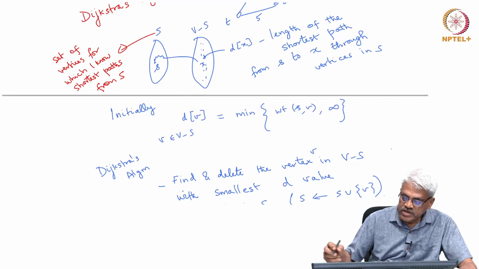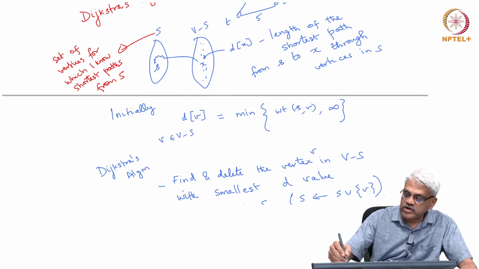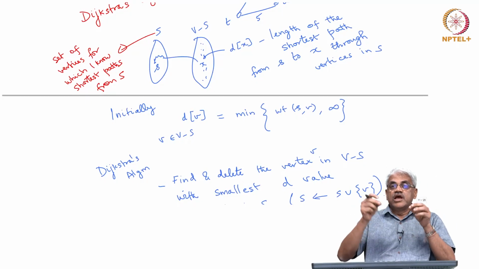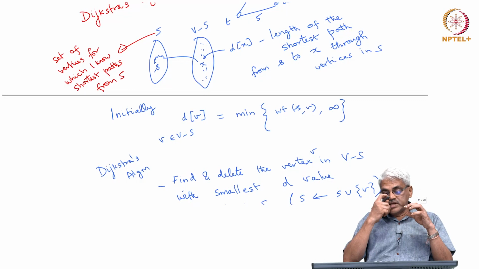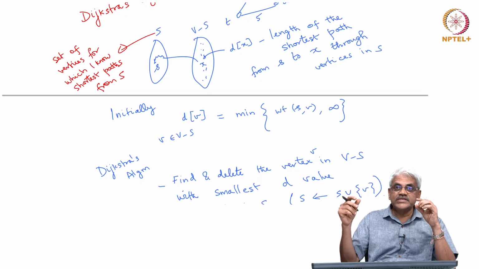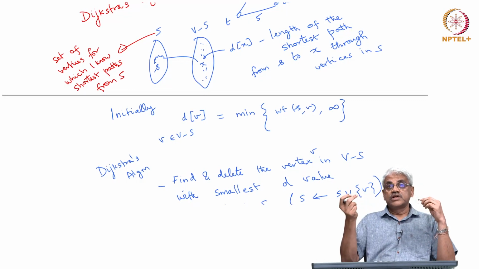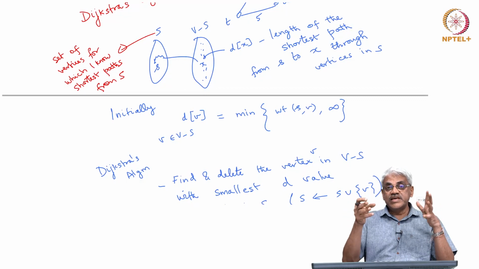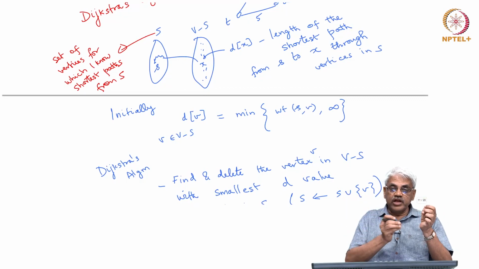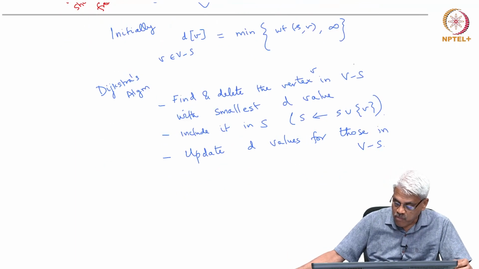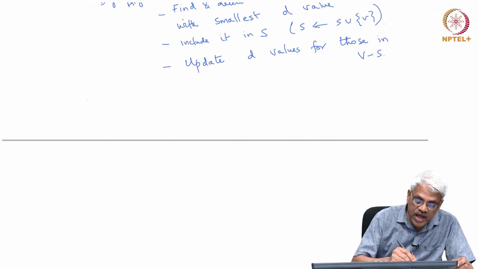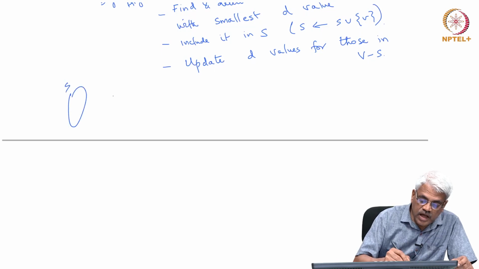Remember, the definition of dx is the length of the shortest path from S to X through vertices in S. I had stored these initially, but now that I have added one vertex into capital S, the shortest path distances for some vertices in V minus S may change, because it is all through vertices of capital S. So I had my S and I had stored my D values.